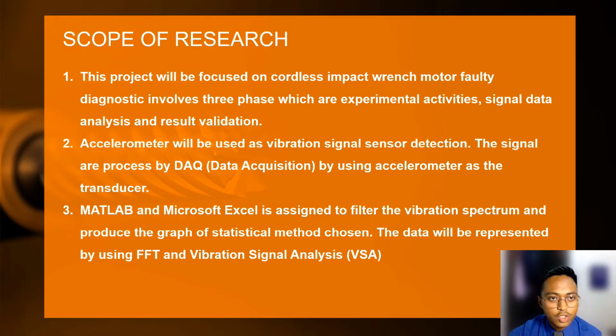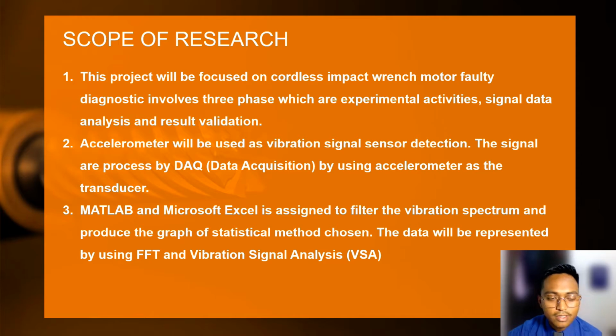For the scope of the research, the study will focus on cordless impact wrench motor fault. Diagnostics involve three phases, which are experimental activities, signal data analysis, and result validation. For the transducer, an accelerometer will be used to detect the vibration signal, and the signal will be processed by the DAQ, data acquisition.